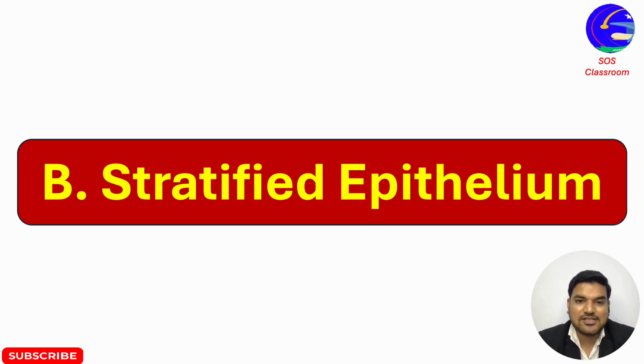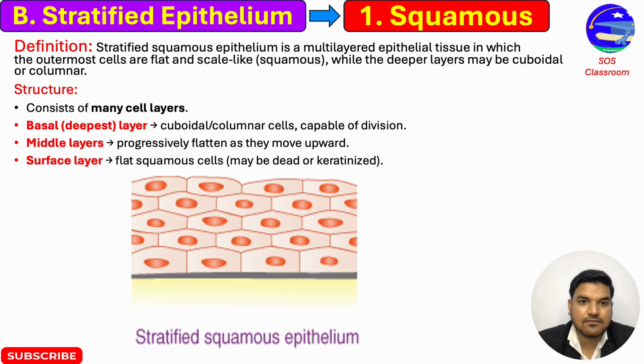Now let's discuss stratified epithelial tissue. By the name itself, stratified means this tissue is made of two or more layers of cells. So in stratified squamous epithelium, stratified means there are multiple layers, and squamous means flat cells. So this is multiple layers of flat cells, consisting of many cell layers.